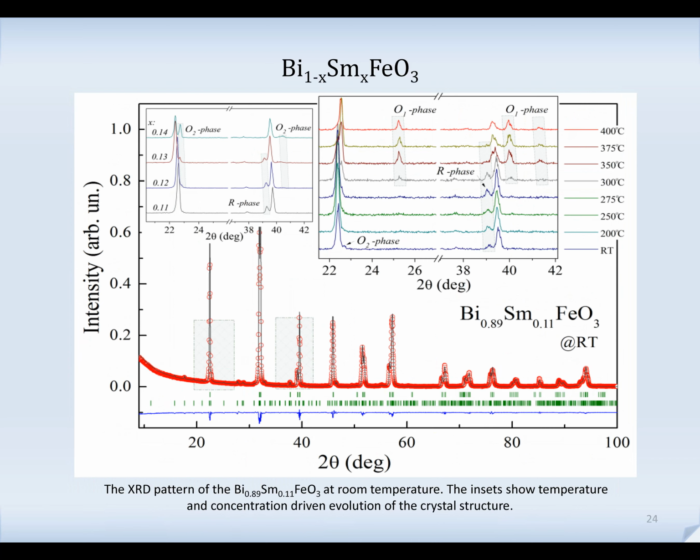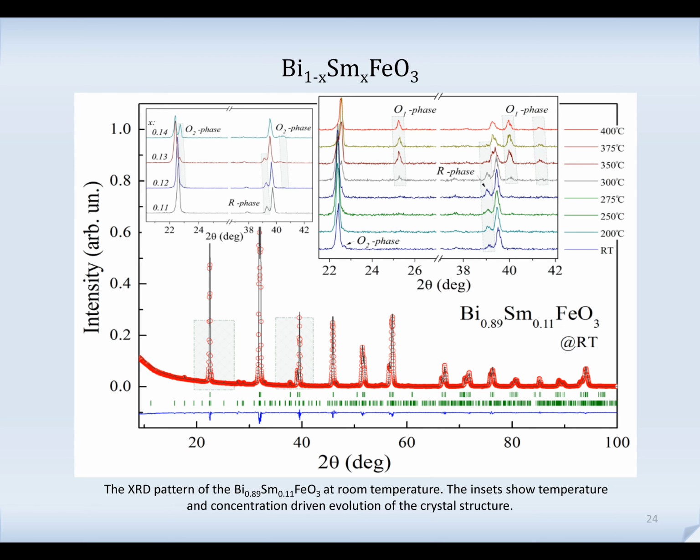The most important question you can ask is whether this phase coexistence is an intrinsic property of the compound or the system, or it's just because of a non-optimized synthesis procedure. I would say it's intrinsic, because the easiest way to check is to heat the compound and check diffraction at elevated temperature, and at some temperature you see that the diffraction shows the crystal structure is single phase.